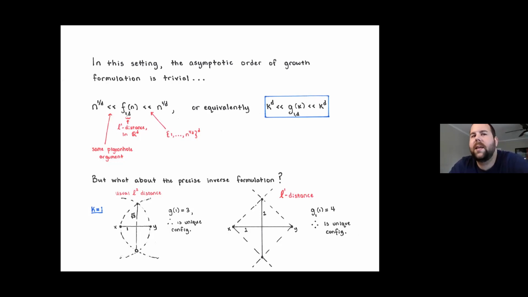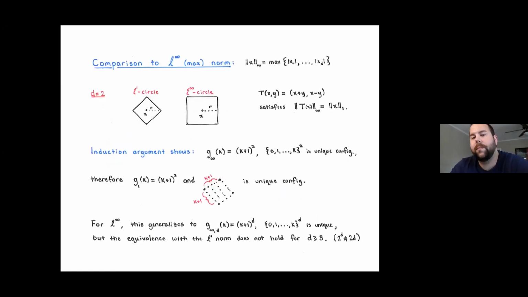And probably the easiest way to see that is to use a connection between the L1 norm and a norm that's even simpler in this context, which is the L infinity norm. So just the max norm, the norm that takes the maximum of the absolute value of the coordinates. So in 2 dimensions, an L1 circle is this rotated square, whereas an L infinity circle is just a regular axis parallel square.